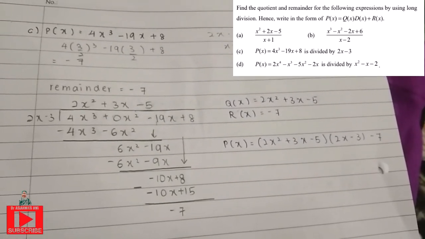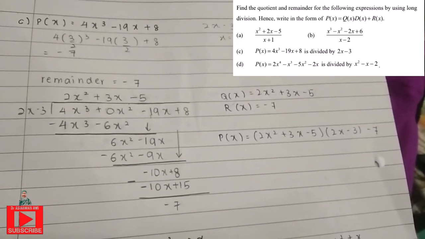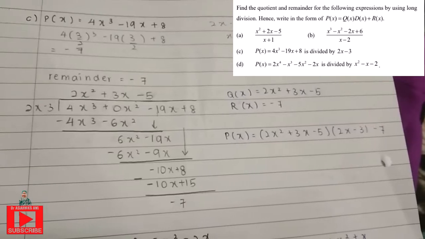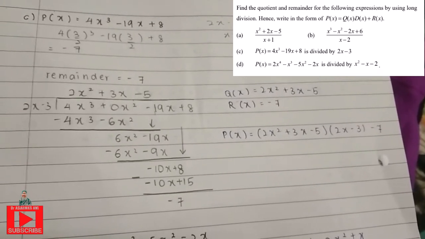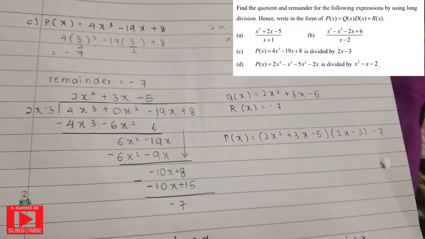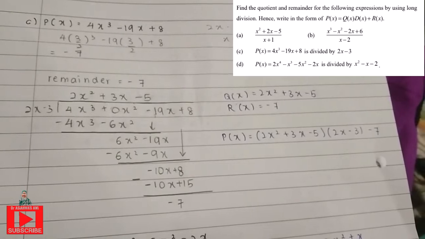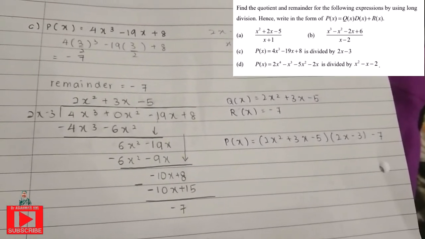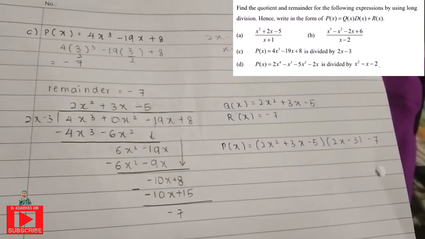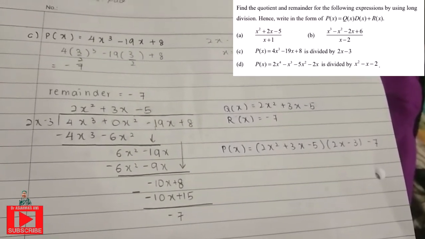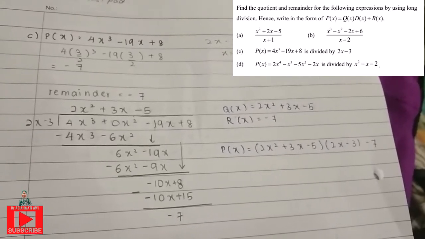So we just need to add it as 0x squared, so that it will be easier for us to calculate in the long division. So we do as the previous one, divide by 2x and then multiply back with 2x minus 3, and you get the remainder is negative 7, and the quotient is 2x squared plus 3x minus 5, and then you put back in the form of p of x equal to q of x times d of x plus r of x.